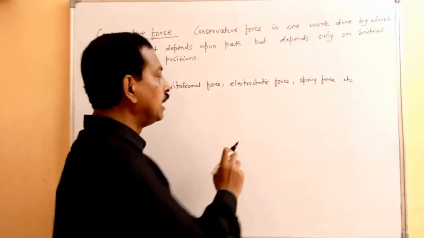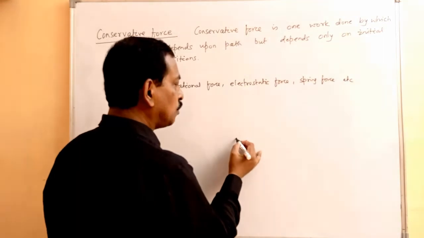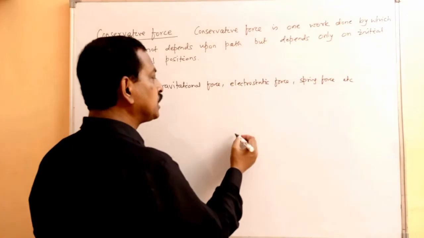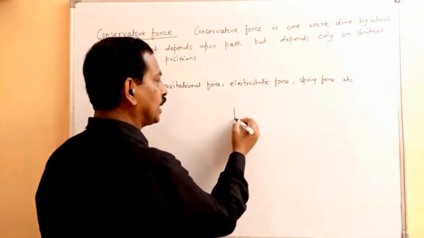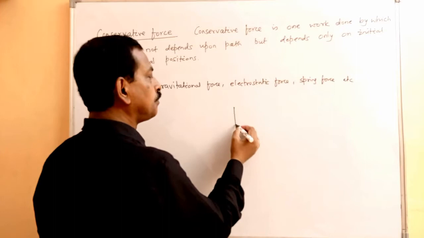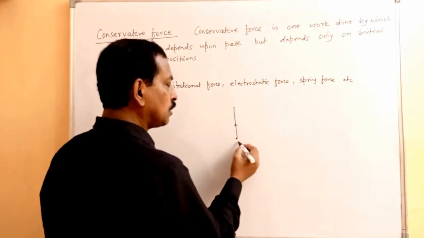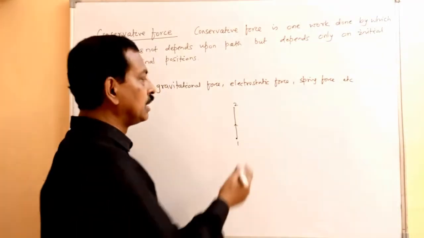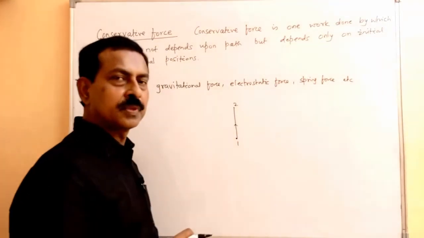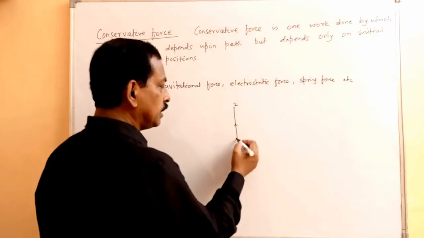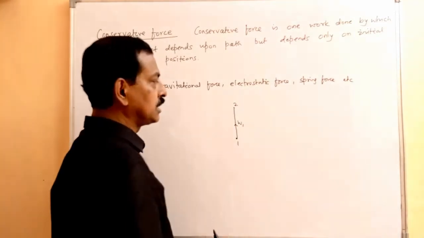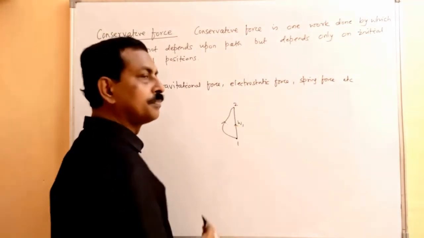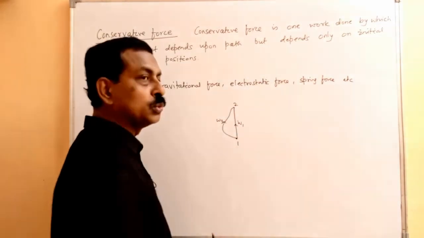Now, what does it mean? Suppose we consider a body at this particular point, and we are moving the body from this point to this one. Suppose this is point 1 and this is point 2. We can move it like this; here the work done is W1. If you consider any other path like this one, the work done is W2.